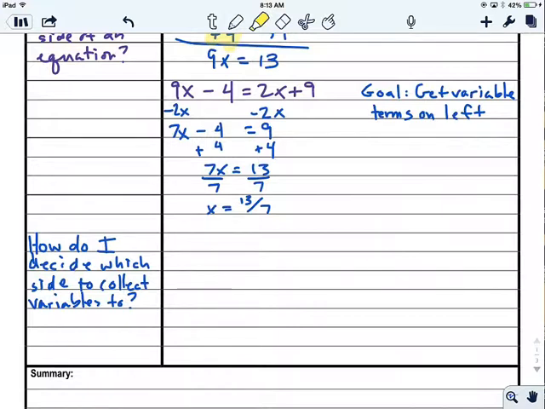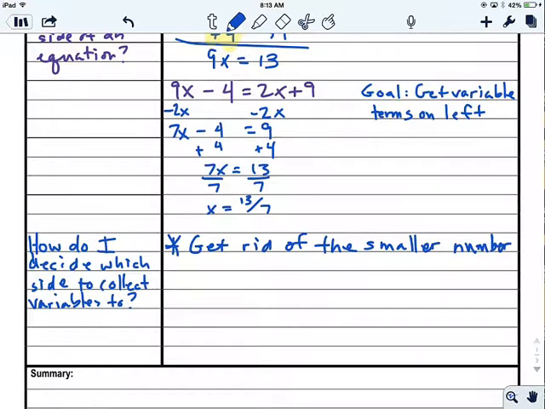I could have very well gone with the opposite. And there's a reason why I chose to get rid of the ones on the right. My rule of thumb is this: get rid of the smaller number when it comes to the variable terms' coefficient.